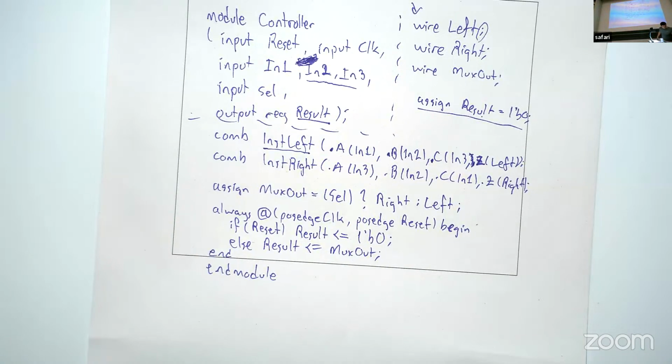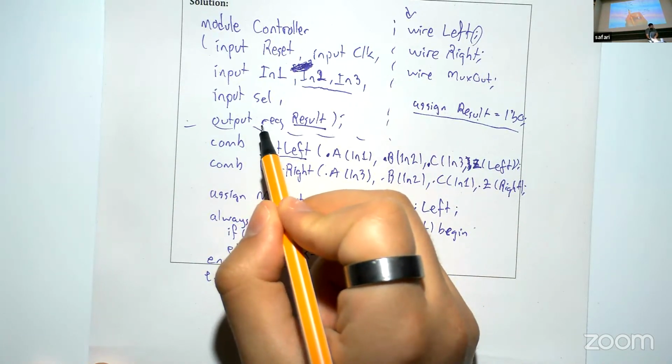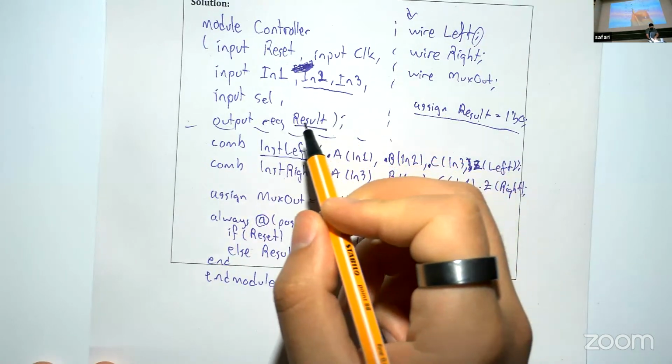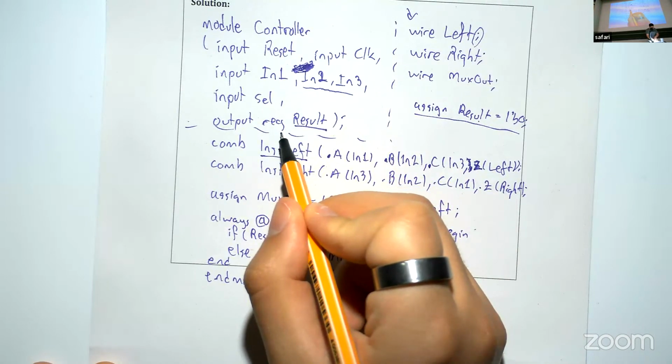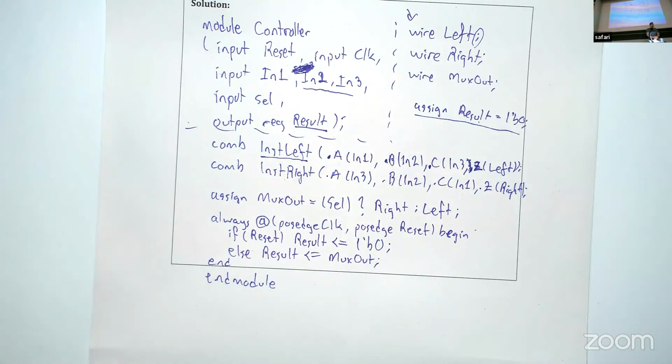The question that I answered just before this, can the output result be declared as reg as long as it is used in an always block? If it's not in the always, yes.